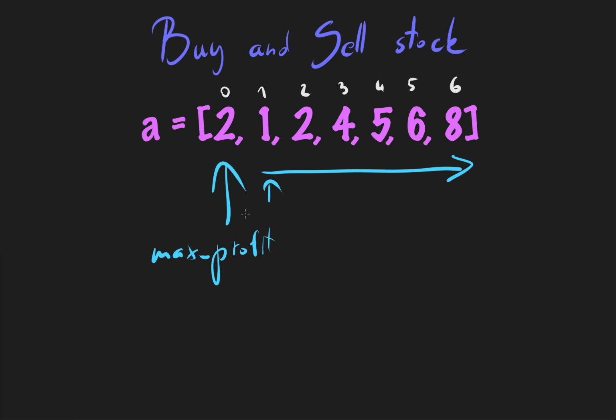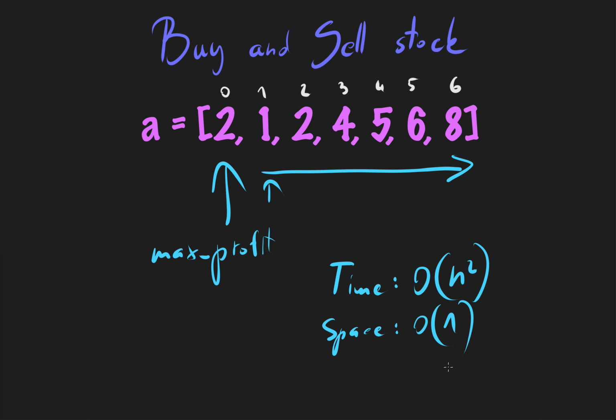That would be our brute force solution. In terms of time, we basically have 2 loops, so it's n times n, which is n squared, where n is the number of elements inside the array. For space, we wouldn't be using any additional space, so it's constant. So this is one way of solving this problem.